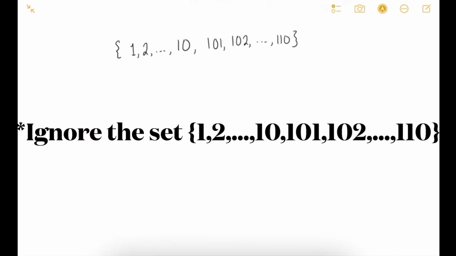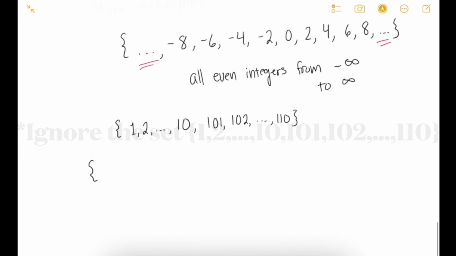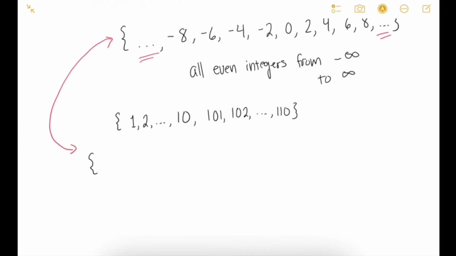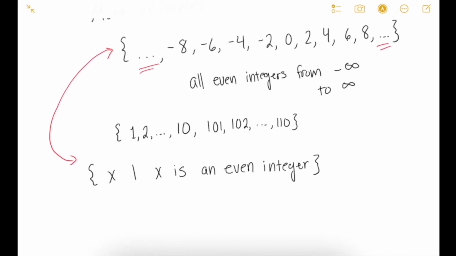Also, that set builder notation that I was talking about, we could express this first set right here as the set of all x such that x is an even integer. This is, again, a more compact way to describe this set.